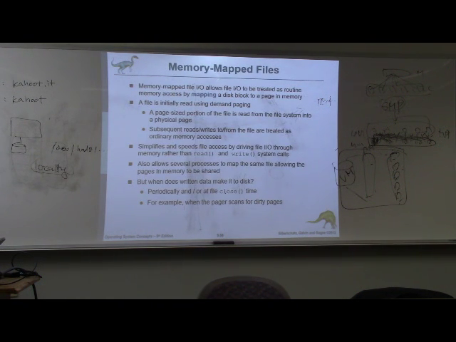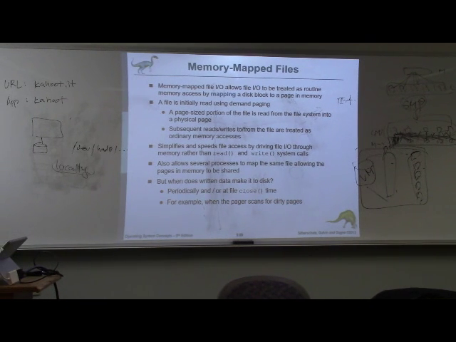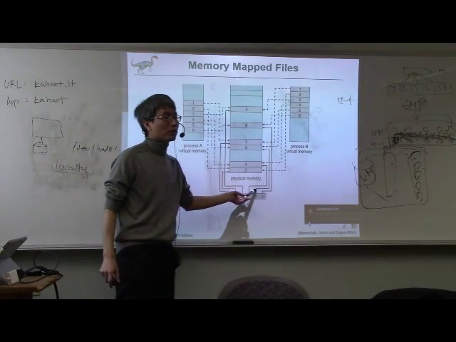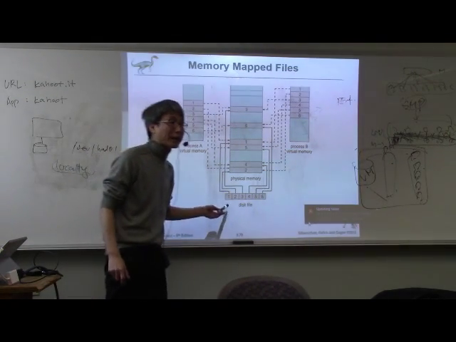There is another approach for better performance of page replacement, the memory-mapped file. Actually, this one is used for real I/O, for better performance of file I/O. A memory-mapped file means we have a disk file. It doesn't have to be a program; it can be a data file.